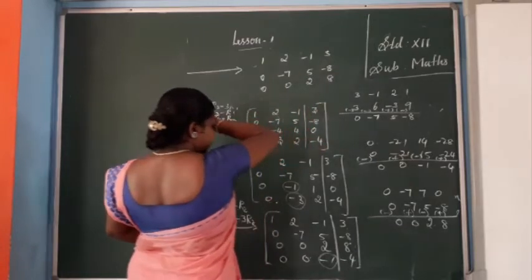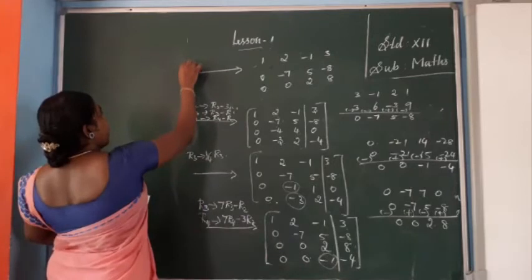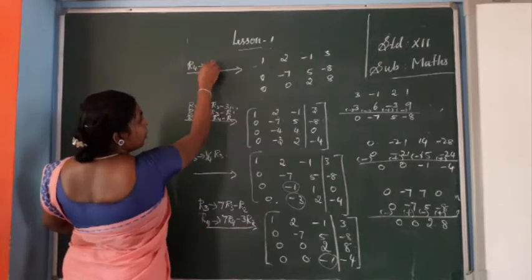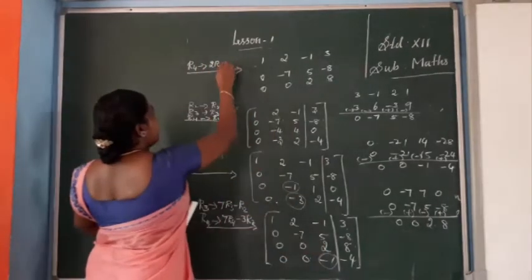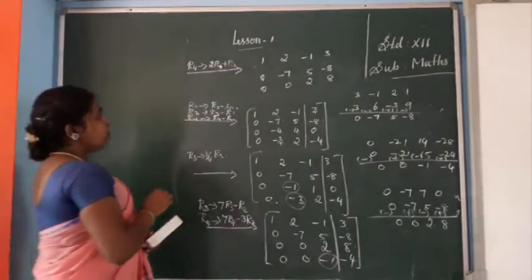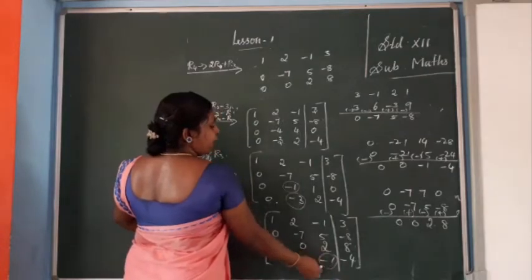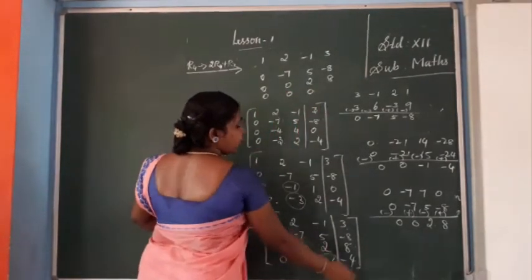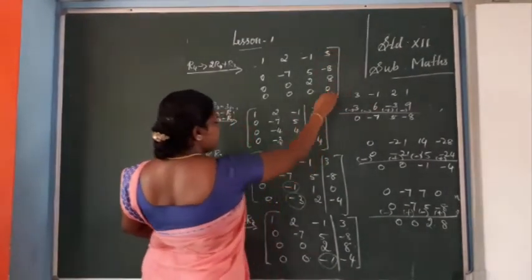Then instead of minus 1, we need 0 in the last row. So R4 gives 2 R4, plus R3. Simple difference, so we can add R3 only. So 2 R4 means we multiply 1 into 2, 2. 2 minus 2, 0. Next, 2 4s are 8, so minus 8 plus 8 is 0.